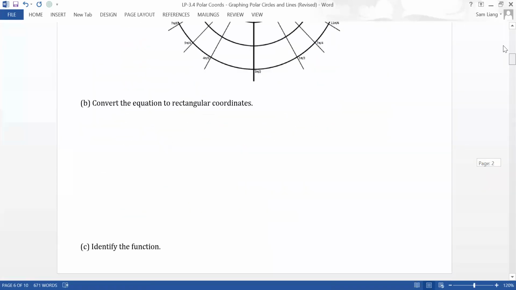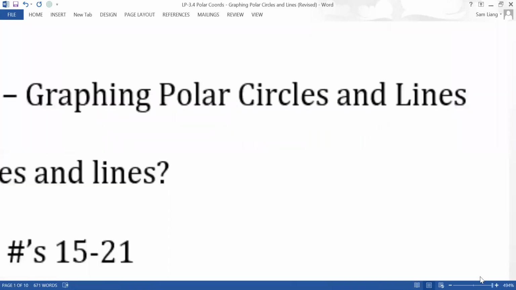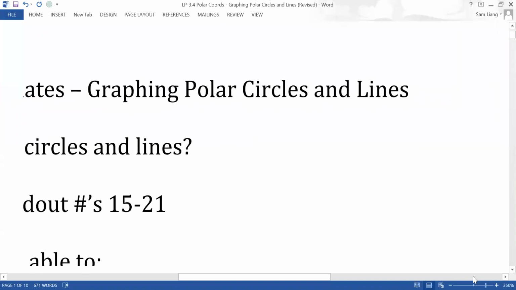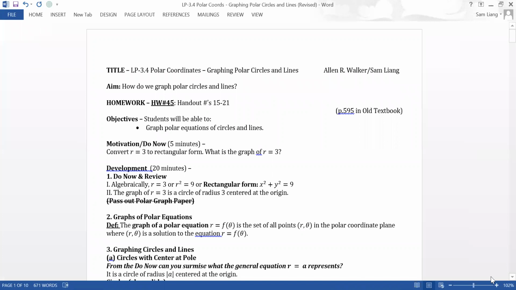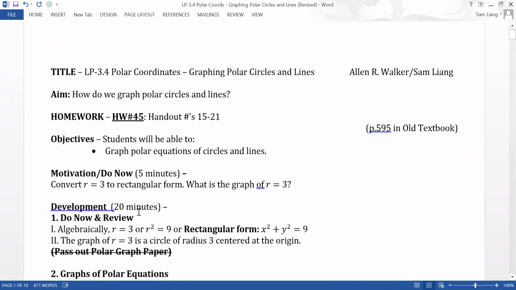All right, so first thing we're going to do is square both sides, right? Because we need to get r squared. The formula that we know of is r squared equals x squared plus y squared, right? So we need to get r squared somehow.